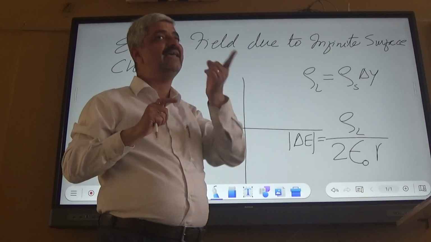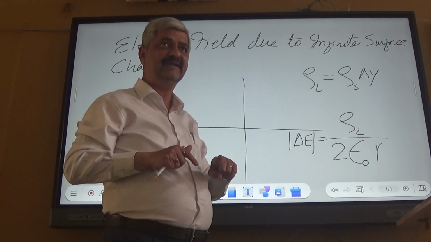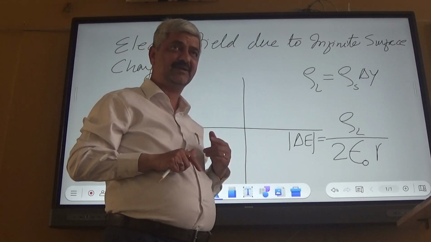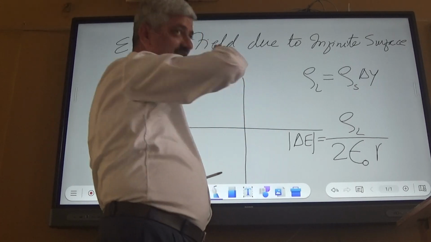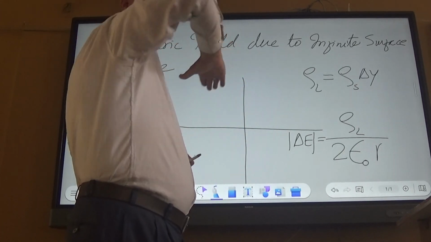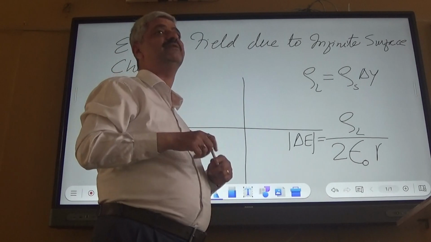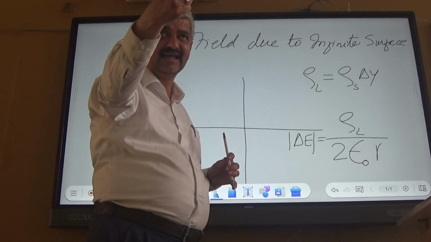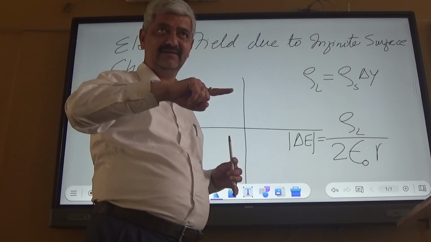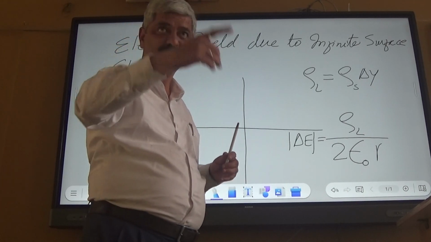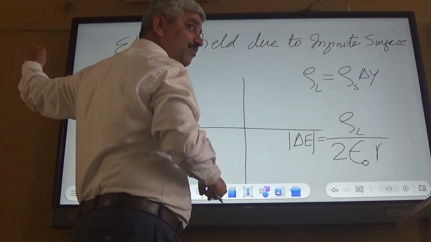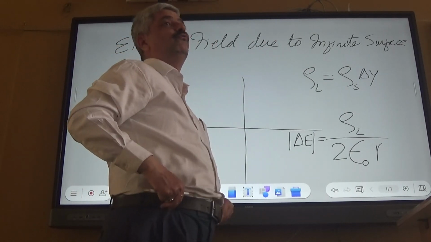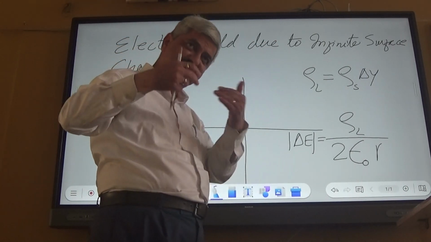So we can safely assume, because of symmetry, what will happen? It would be in this direction. This means each will have components Ez and Ey, and Ex will be 0, because I am considering the horizontal strip.